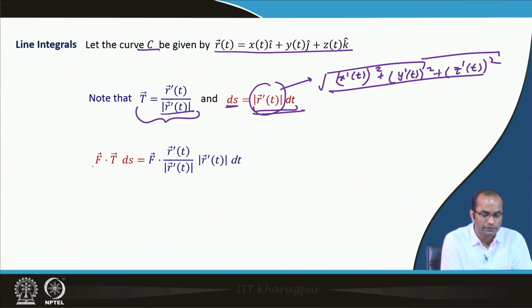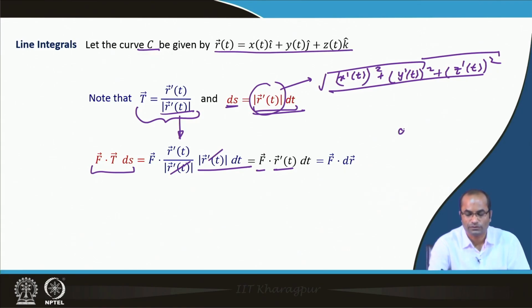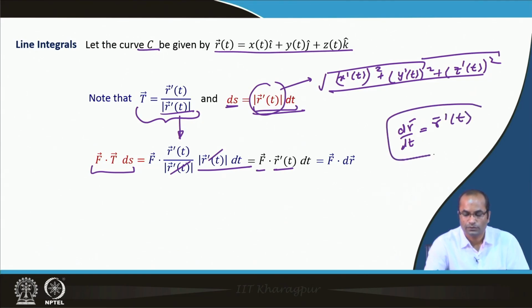So, f dot t ds was the integrand in this curve integral. We substitute t as r derivative divided by the magnitude of r derivative, and ds is r derivative magnitude into dt. So, this will get cancelled and we get f dot r prime dt, which can also be written as f dot dr, because dr by dt is r prime t, so we can write dr as r prime dt.